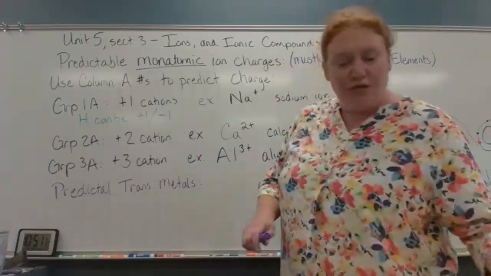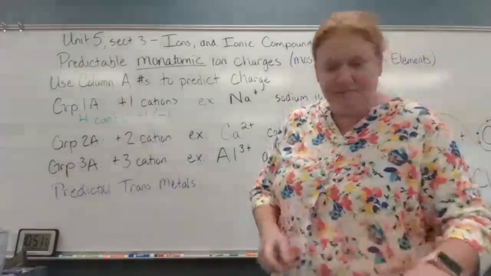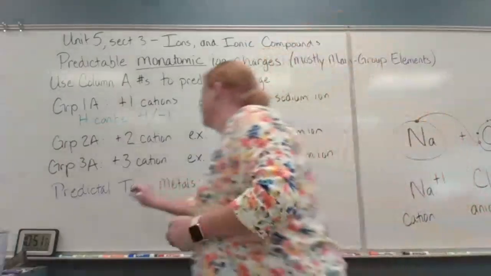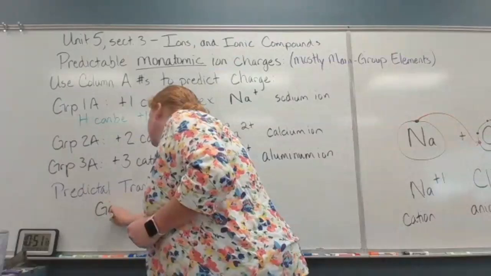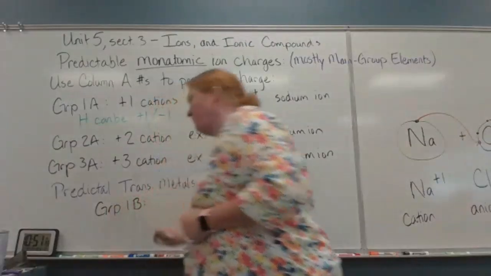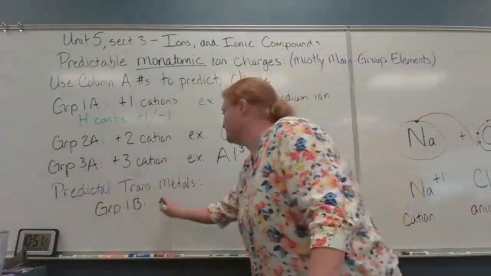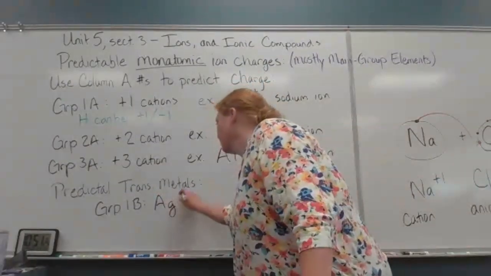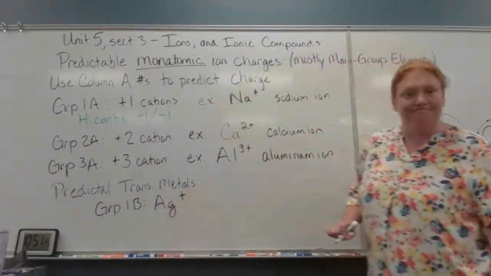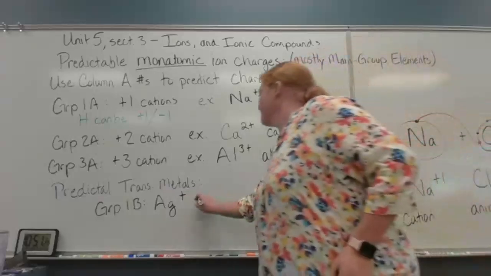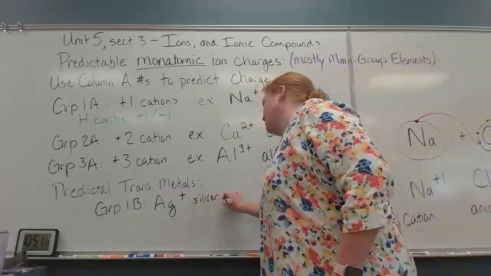Okay? You need to maybe mark to yourself on your sheet. In group 1B, you can predict confidently that silver will always be a +1 charge. Okay? So that's just called the silver ion.